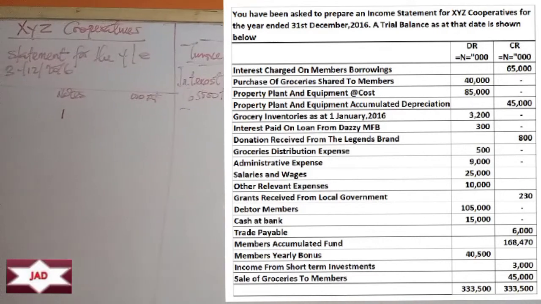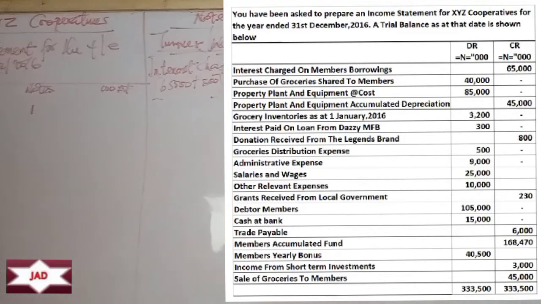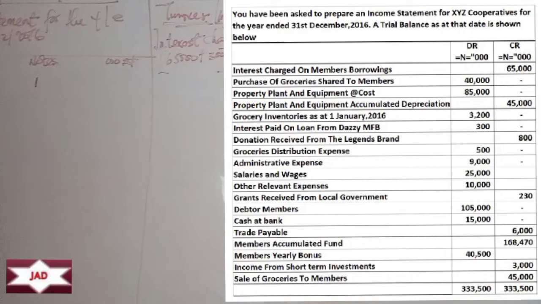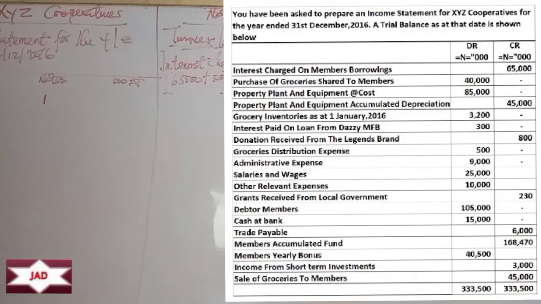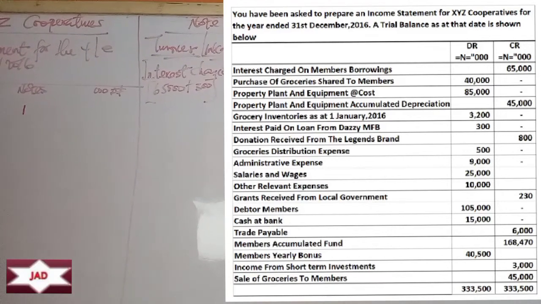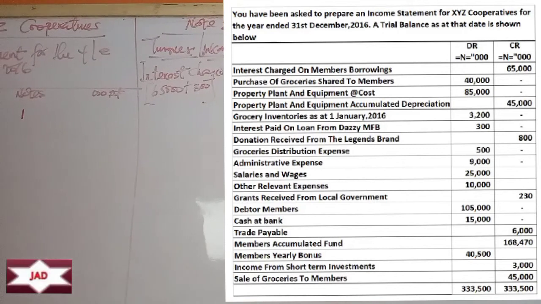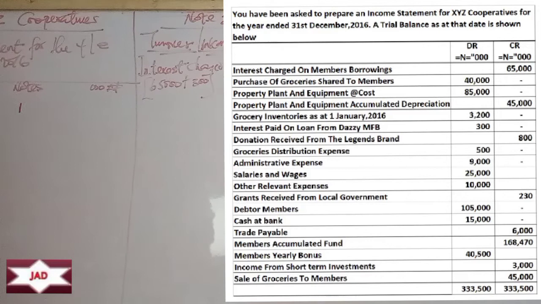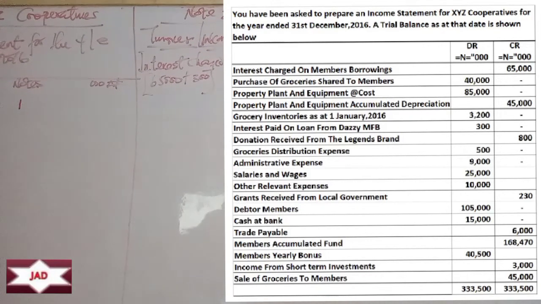Then we have property, plant and equipment, accumulated depreciation, grocery inventories. That's more like your normal buying and selling, your trading account. We're going to need that here now. And we have interest paid on loan from DASI MFB, I think that's an expense. We have donation received, other income, grocery distribution expenses, administrative expense, salaries, other relevant expenses, grants received from local government.